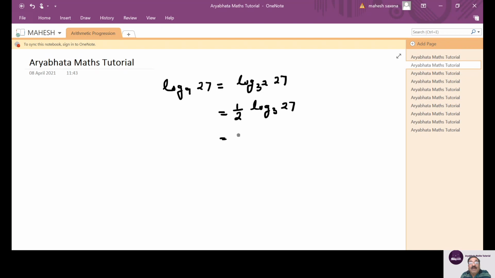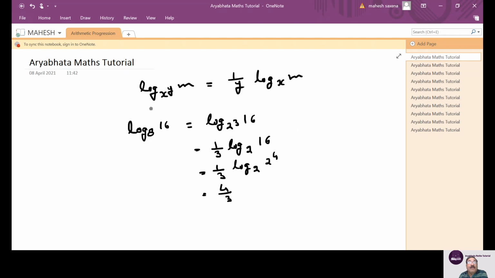That is 1/2 log base 3 of 27, and 27 is 3 cubed. Therefore, you can write it as 1/2 into 3, that is 3/2. So you have learned how you can utilize this property of the logarithm.